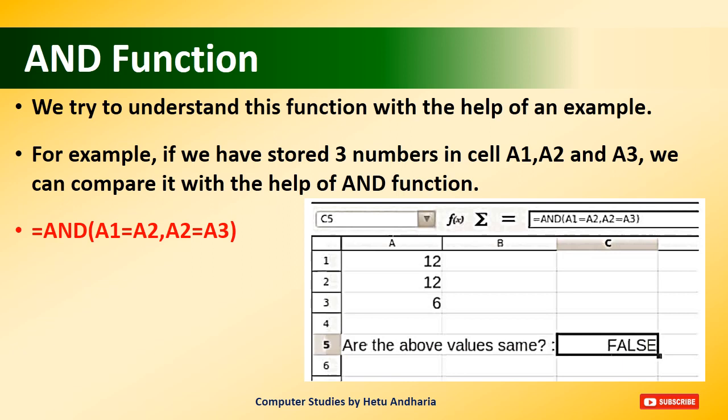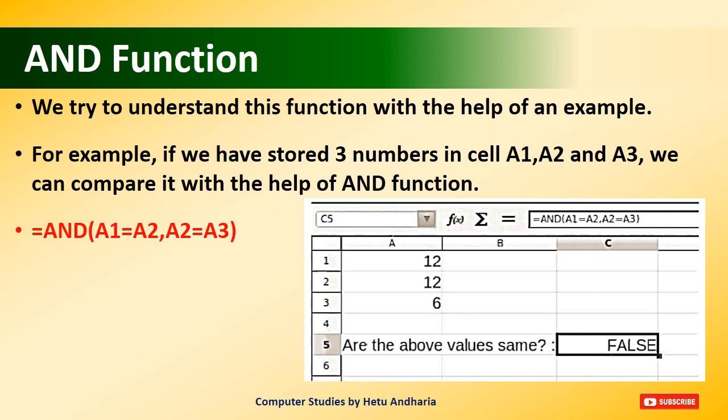We can also type A1 is equal to A3. Like that we can type 2 or 3 conditions, but in AND 2 conditions are enough to check the thing. Here in the screenshot which I have put from your textbook, A1 is 12, A2 is 12 and A3 is different, that is 6.